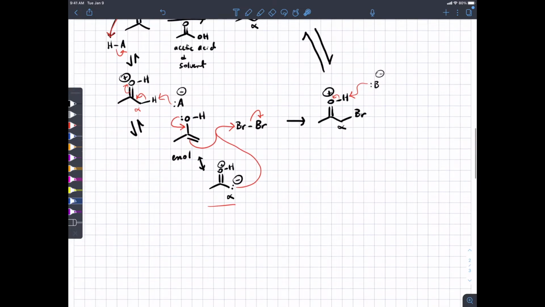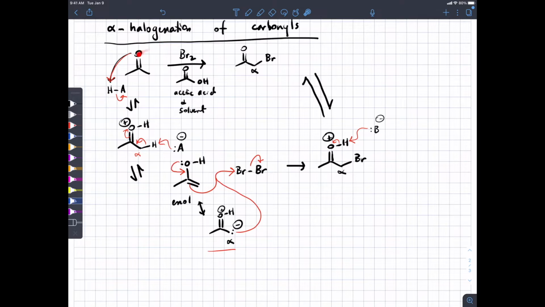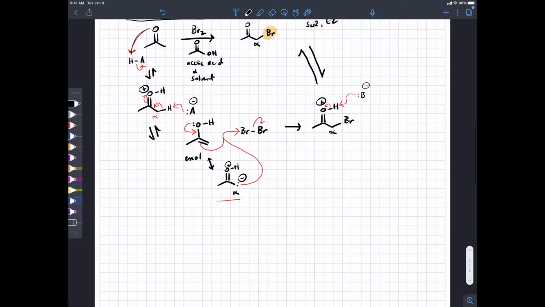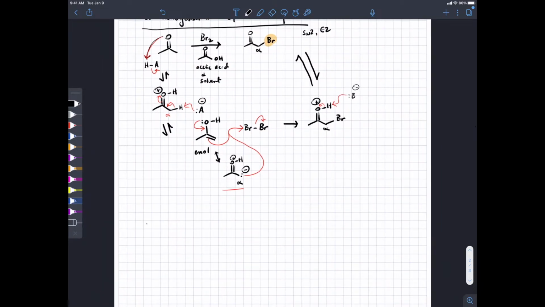Now the point of doing this is your text puts it in here because it's just another example of a reaction at the alpha carbon. But these alpha halogenated molecules are useful synthetic intermediates because all of a sudden you've got a good leaving group there that you can do SN2 and E2 chemistry with. So let me just give you a couple examples of what your text shows as a possibility.